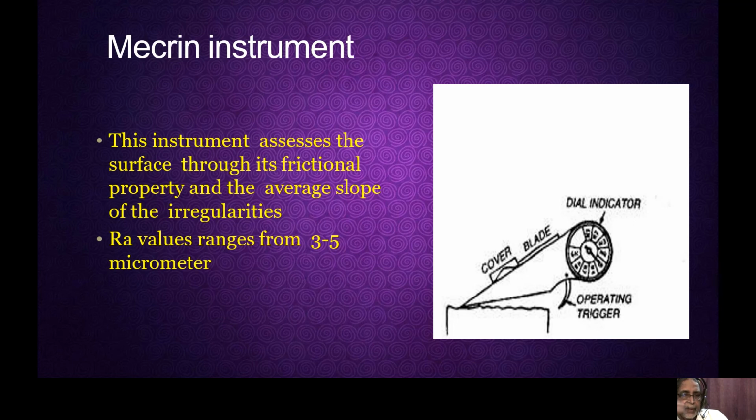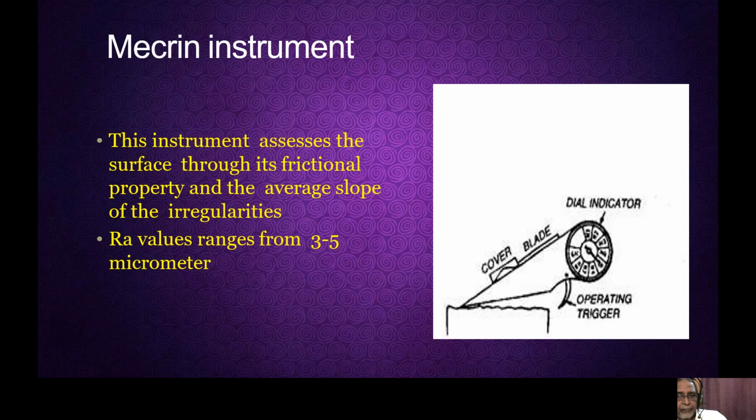Number 3, the Mechanical instrument. The instrument assesses the surface through its frictional property and the average slope of the irregularities.